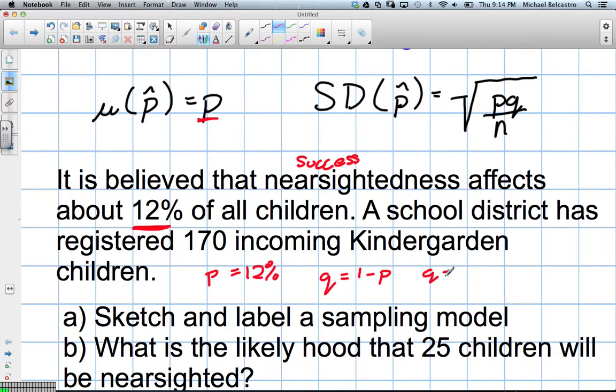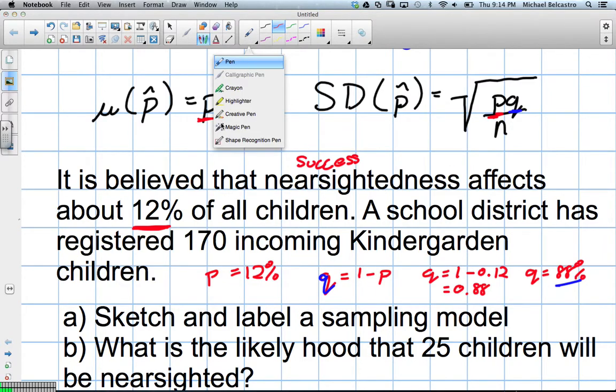Q is calculated by 1 subtract 0.12, which is equal to 0.88. In other words, Q is equal to 88%, right? Which would be the opposite. If 12% of children are nearsighted, that must mean 88% are not nearsighted. That's what our Q stands for in this case, okay? So I'm just going to underline that. So Q is 88, which we will need, and P is 12.